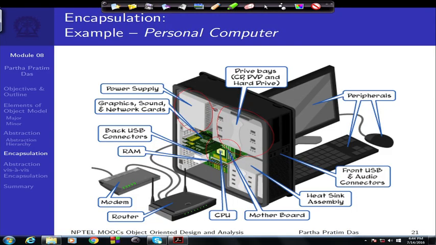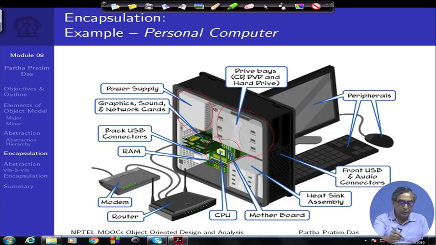If you take out a drive, say the hard drive, you will find that the hard drive has power input points, address and data bus connections that need to be done, but the rest of it is all encapsulated inside a physical cabinet.